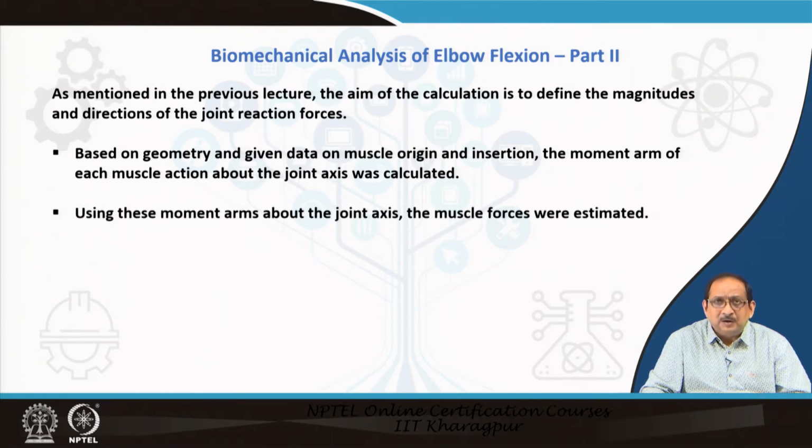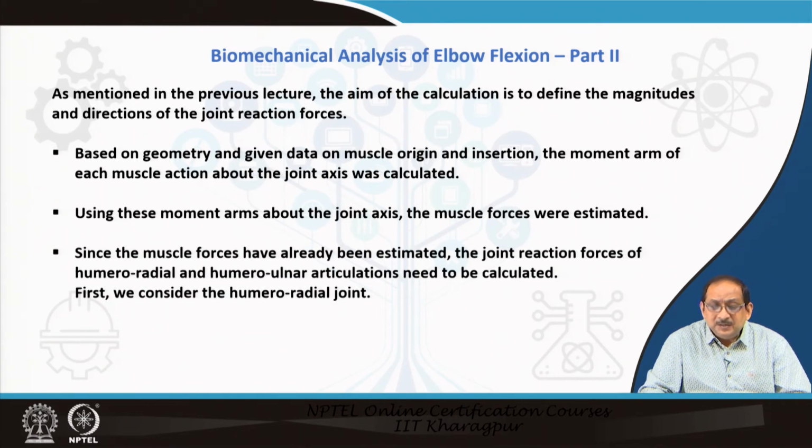Using these moment arms about the joint axis, the muscle forces were estimated. Now, since the muscle forces have already been estimated, the joint reaction forces of humeroradial and humeroulnar articulations need to be separately calculated.